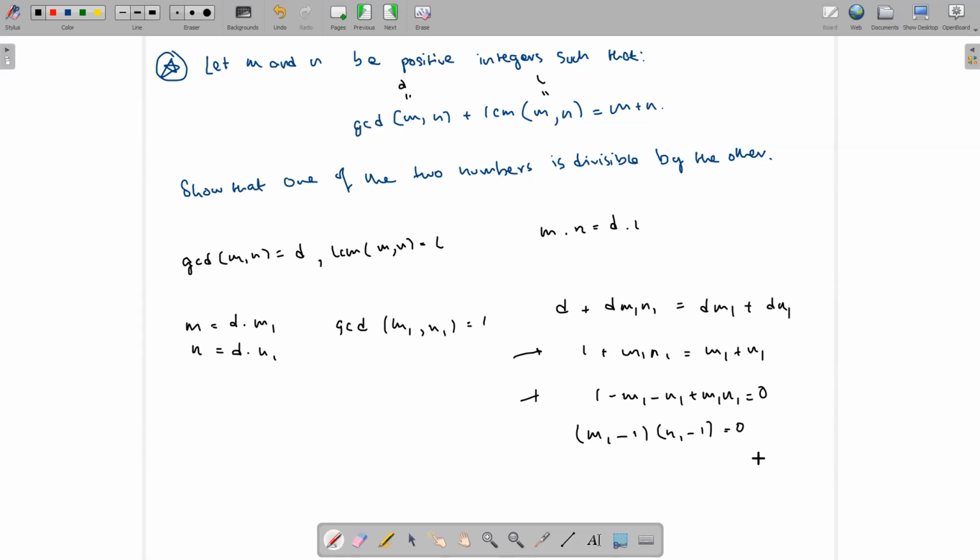Yeah, so we'll just have either m1 equals 1 or n1 equals 1. Implies what? So at least one of them is just equal to D, and the other one is just D times something. And we are done. The GCD is equal to m or n, whichever is smaller.